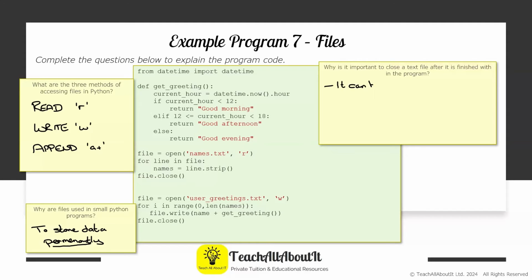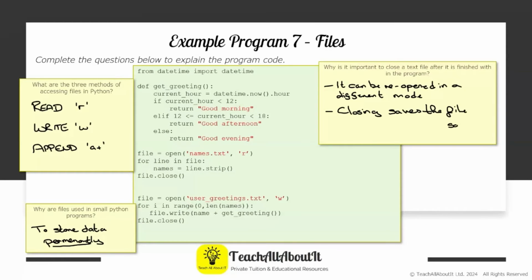So if we want to open it in a different mode, so say I've got it in read mode, but I actually want to write to it, I have to close it first and then open it in that new mode. If I also don't close it, it also gets locked out. So it's really important that you do close your files. Think about them a little bit like cupboards. If you open a cupboard door, you can't open that cupboard door again until you've closed it.